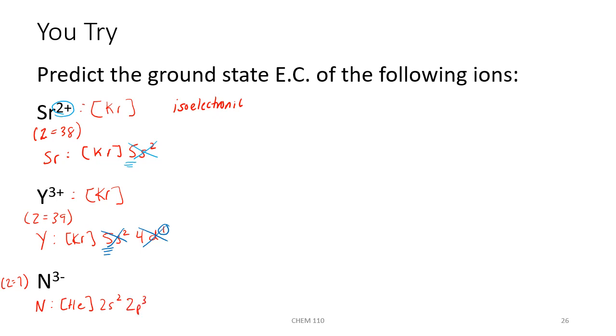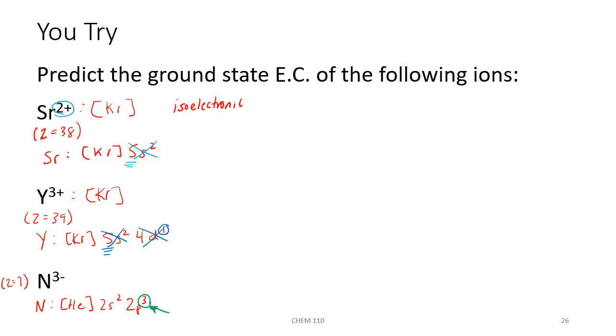In this case we're forming an anion, so we're not taking away electrons, we're adding electrons. Right now there are 3 electrons in the 2p subshell. We can have 6 electrons occupy a p subshell, so we're going to add 3 more to this highest value of n that can occupy more electrons.